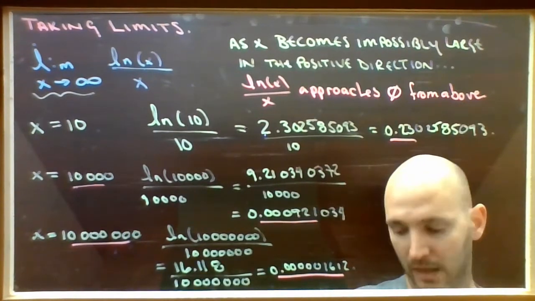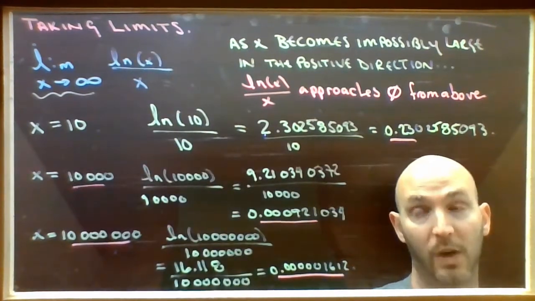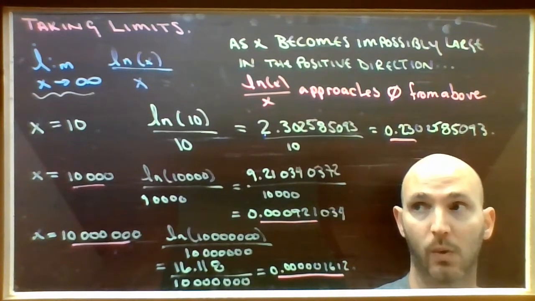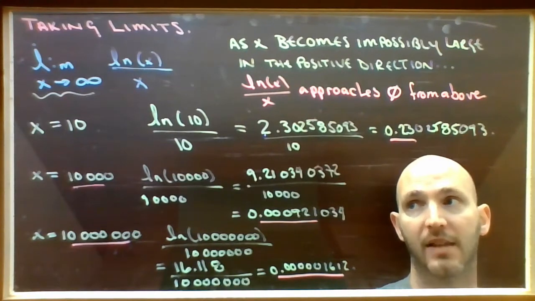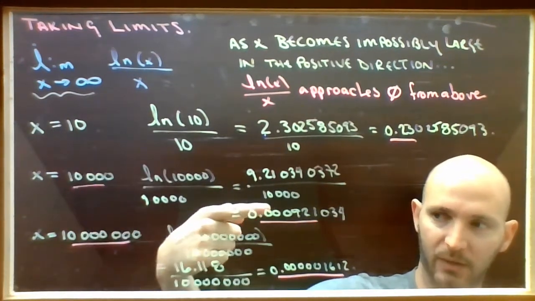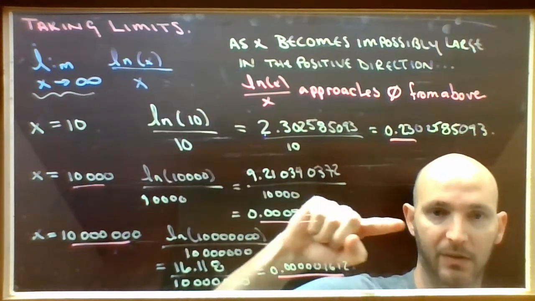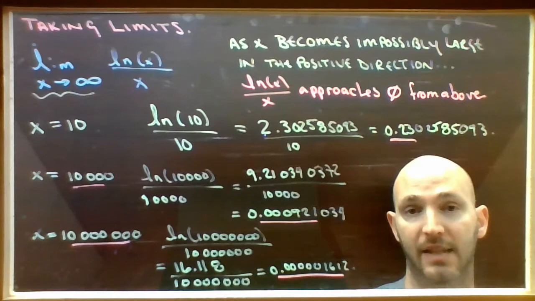So if you were sketching this function, which we'll be doing at the end of this course, as you get closer and closer to infinity, so as I'm going out this way on my x-axis, this thing is dropping to 0. That's a horizontal asymptote.